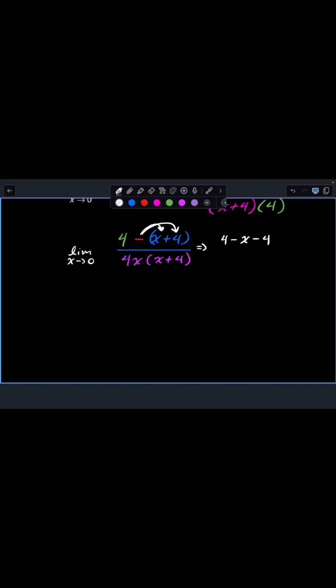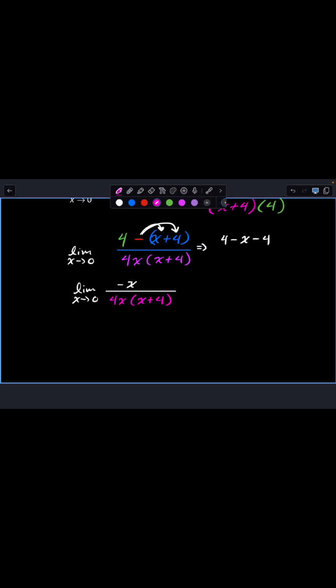So I have the limit as x approaches 0 of negative x in the numerator over 4x times x plus 4. So I have negative x divided by 4 times x plus 4.